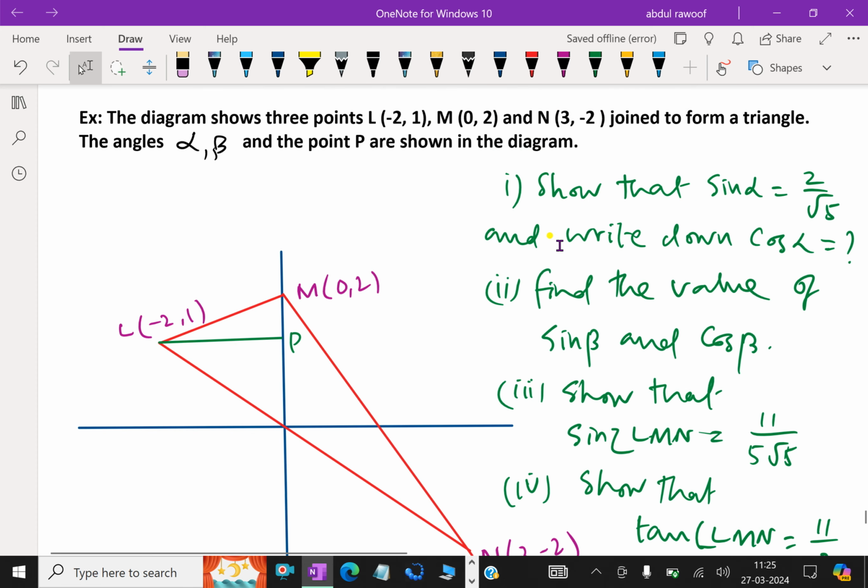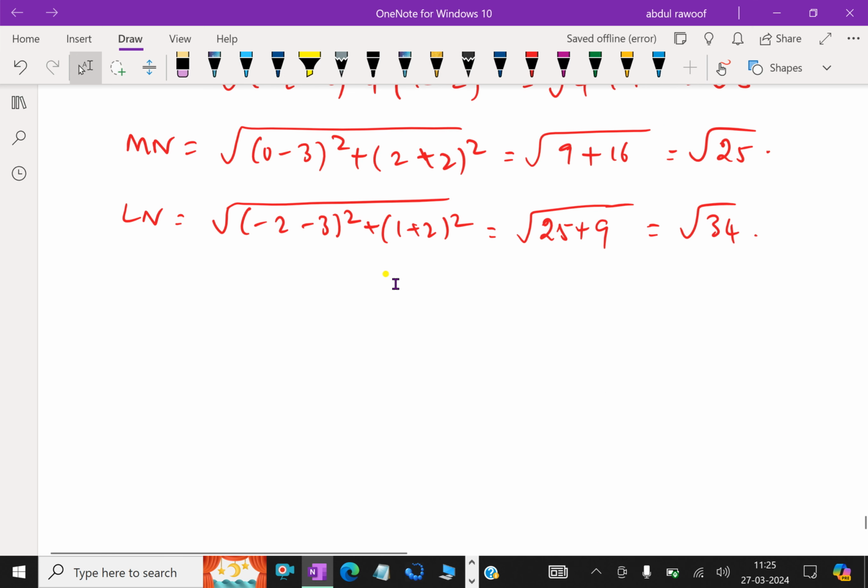Show that sine alpha is 2 over root 5. Here this is alpha, this is beta. We need to find LP, the point P now.